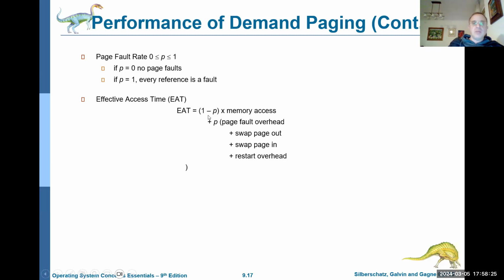So the effective access time is 1 minus P, where P is the page fault rate. Now, P is what's bad. So 1 minus P is where we found it.